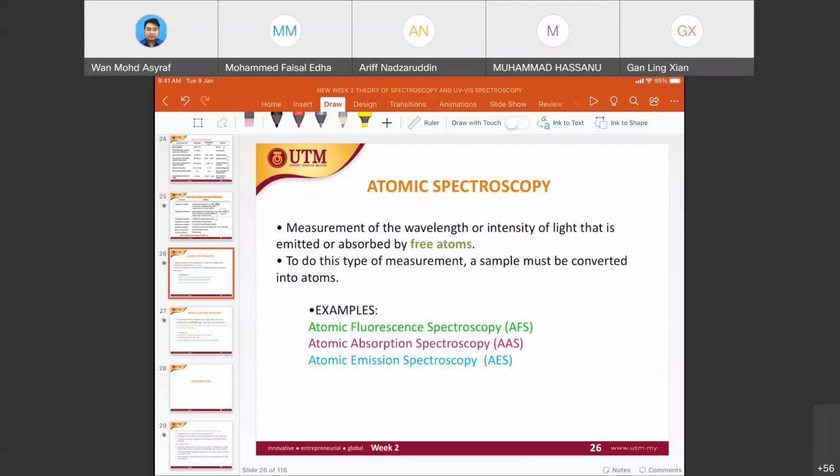Next Thursday is Deepavali. Oh, 4/11. Okay, let me try to look. Next Thursday, week 3.